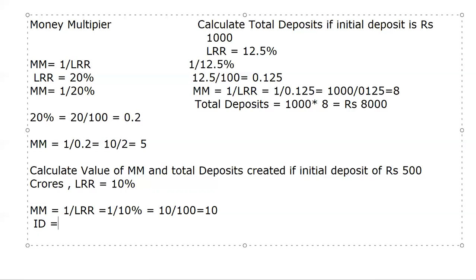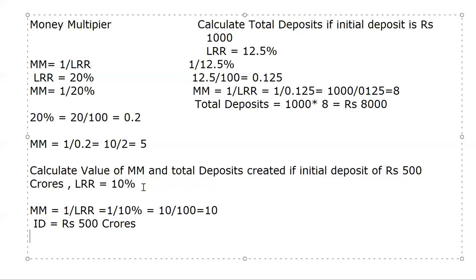Initial deposits are equal to rupees 500 crores. Now you can find out easily the total deposits.